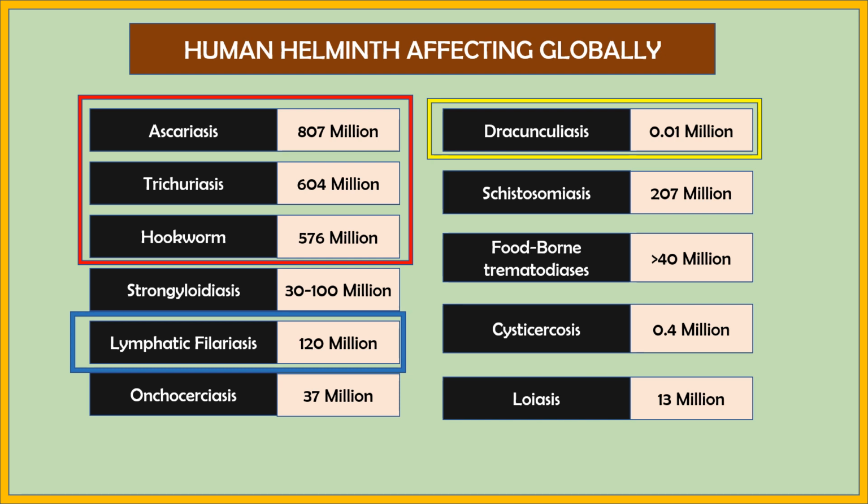Dracunculiasis is the least affected. And then you can see other diseases like lymphatic filariasis, which has affected about 120 million people. So the whole data shows which diseases have affected at which rate.